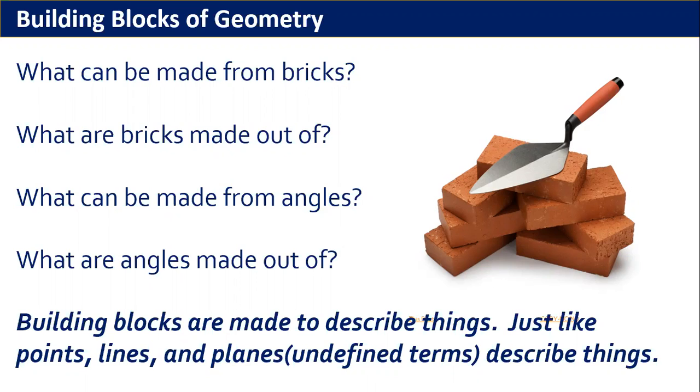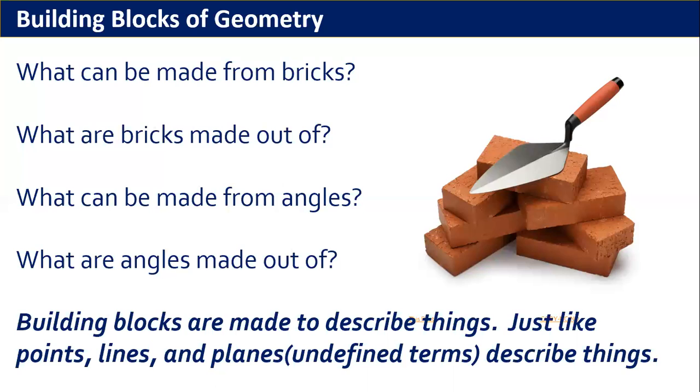What can angles be made from, okay? You think about it: it's two rays, which are part of lines, that meet at a point. So in order to describe an angle, we have to use words like line and point.